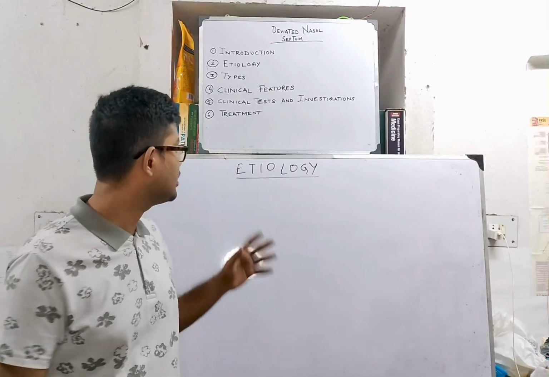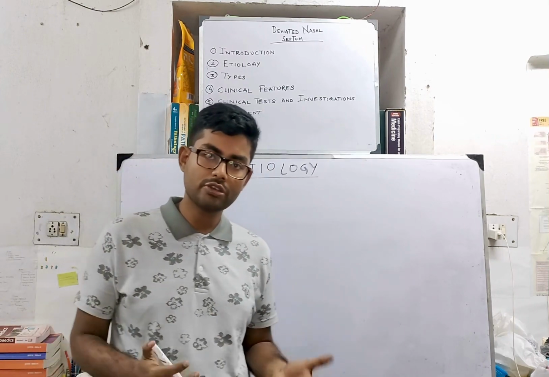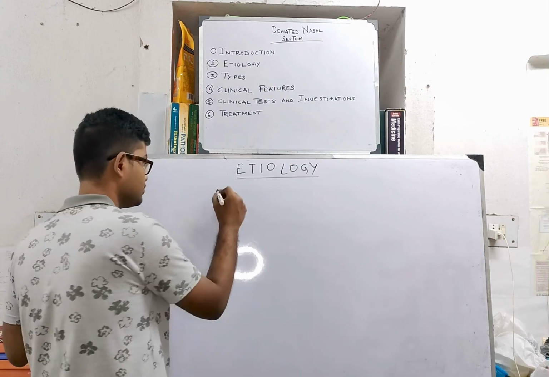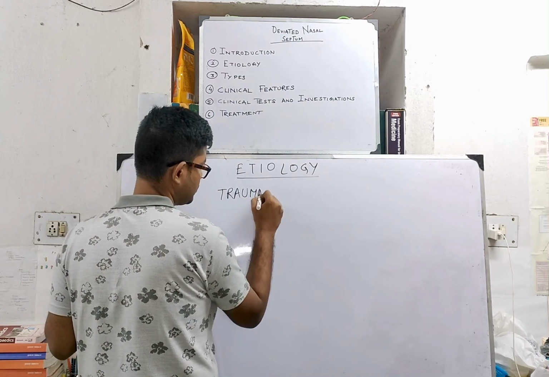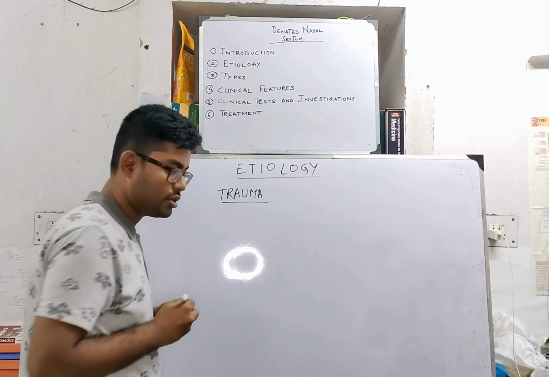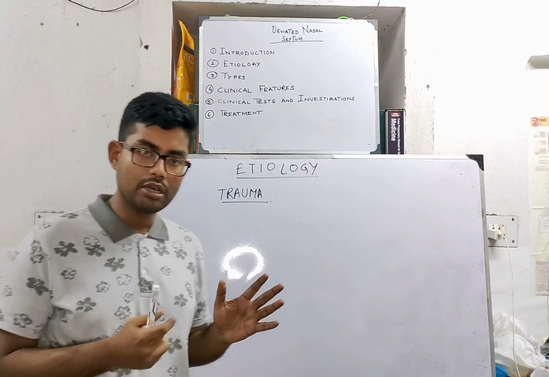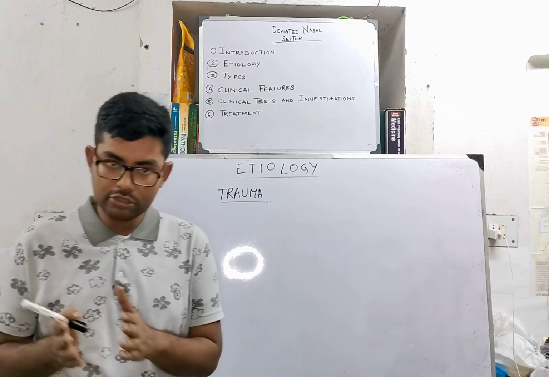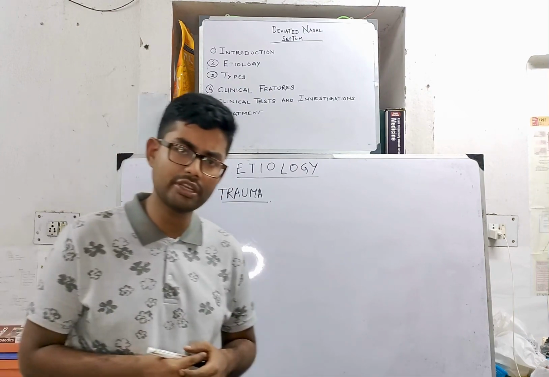So coming to the etiology of deviated nasal septum, the commonest cause is trauma. The specific point to be remembered in trauma is that this also includes the birth trauma or even the trauma that occurs in intrauterine life.